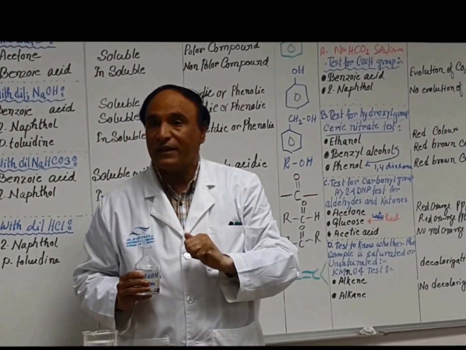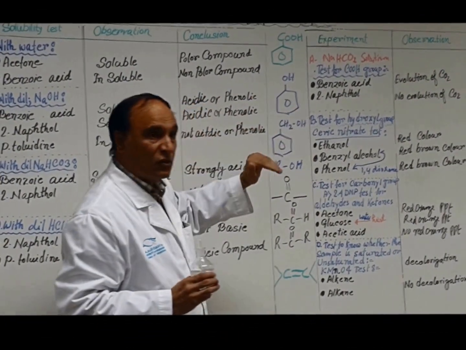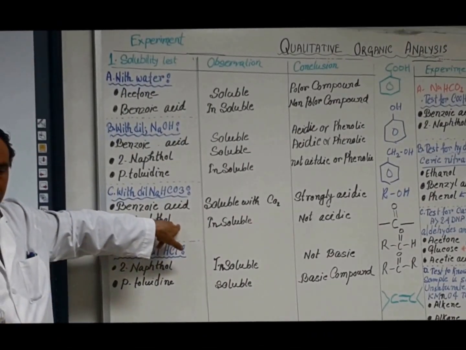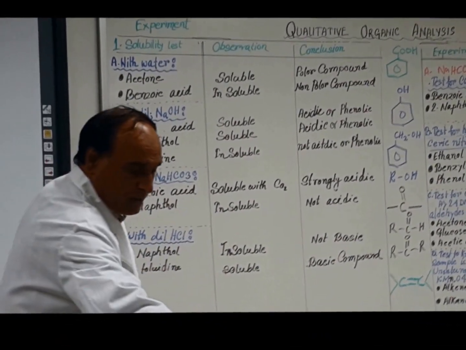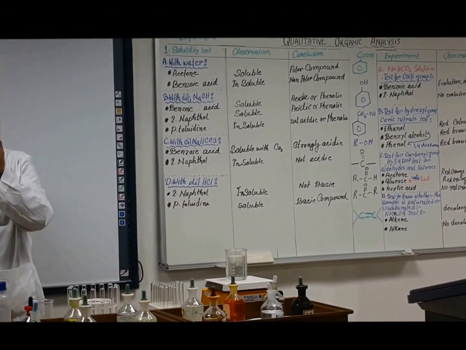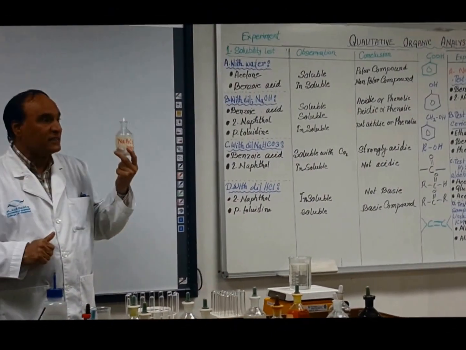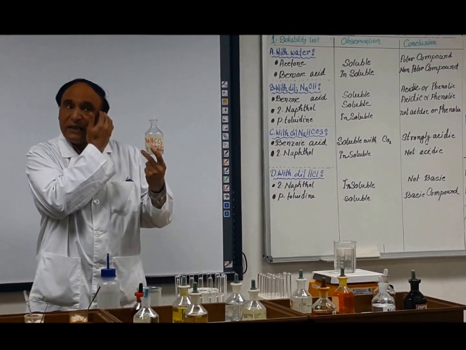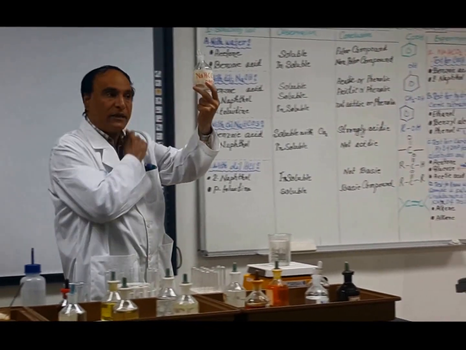Now, to check which one is weak and which is strong, we do another test with sodium hydrogen carbonate. This is the best reagent to check for an acid. If you want to see whether something is acidic, you always use sodium hydrogen carbonate.